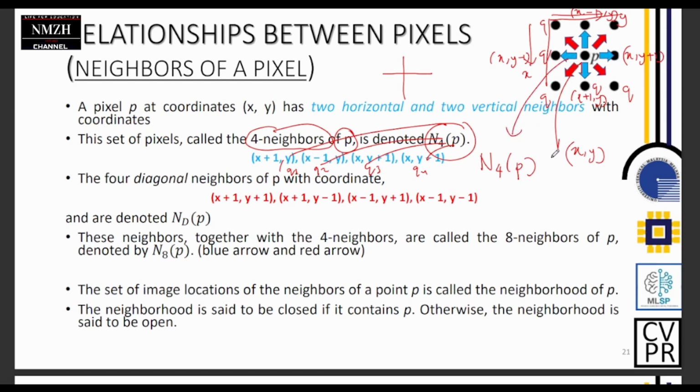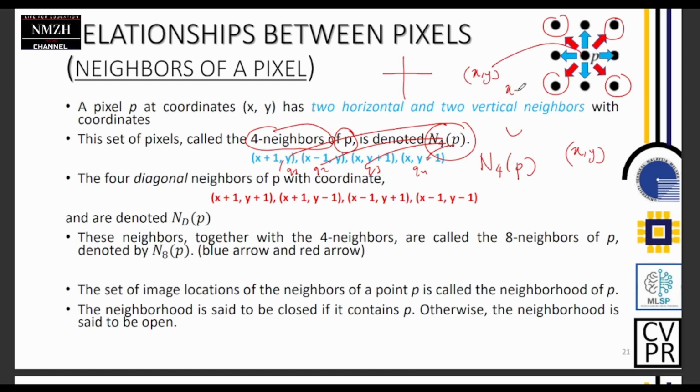The second one is the diagonal neighbors of P. This time we will see the location of these diagonal pixels. Here the center is x, y.